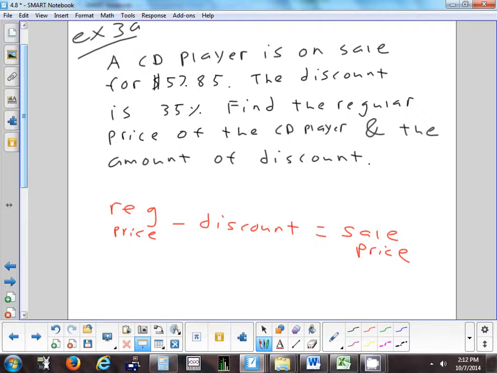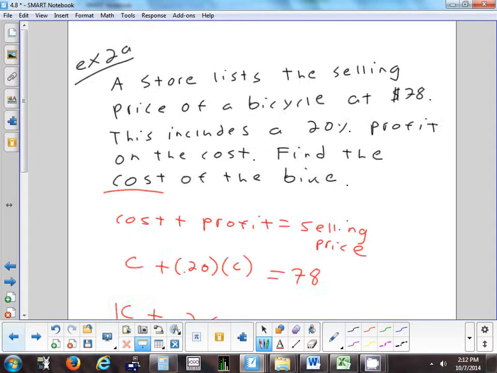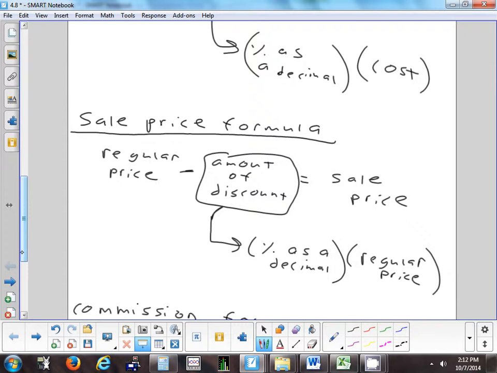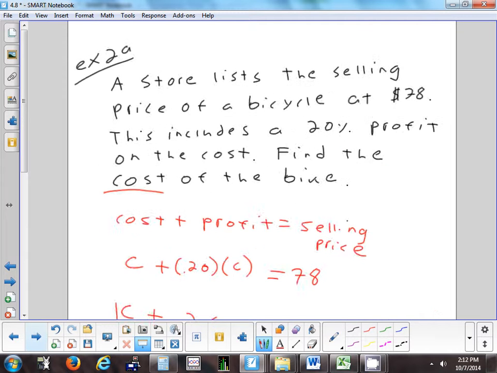And how do we find the discount again? We're going to multiply two things together to get the discount. Yep, perfect. To get your discount, you take your percent times the regular price. That's important.